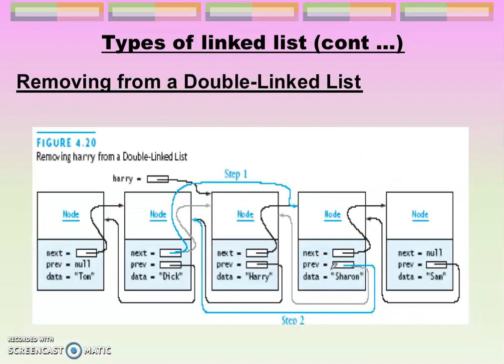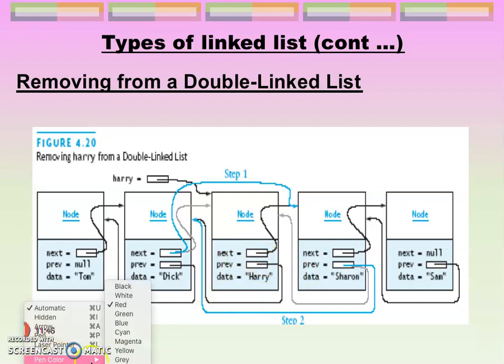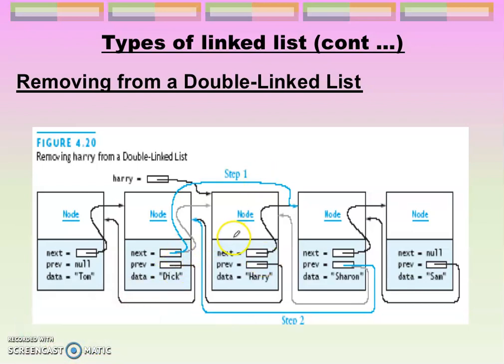Okay, removing. Same goes when we want to remove the data. We just need to update the links. Right now, removing Harry. This one is Harry. We want to remove Harry. So what we need to do is, the head node was pointing to Harry.